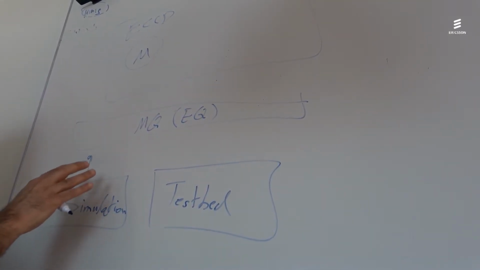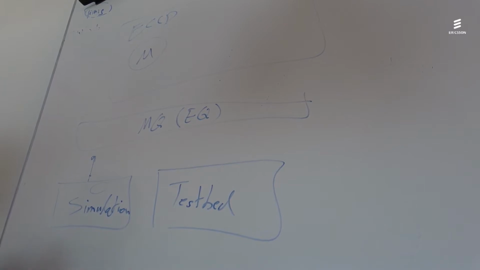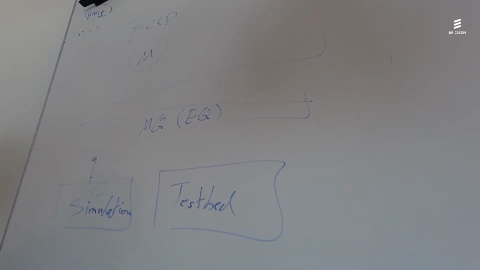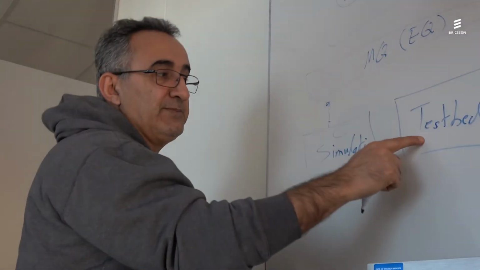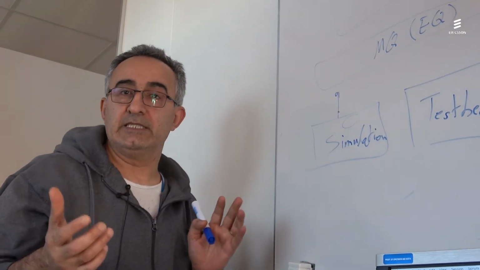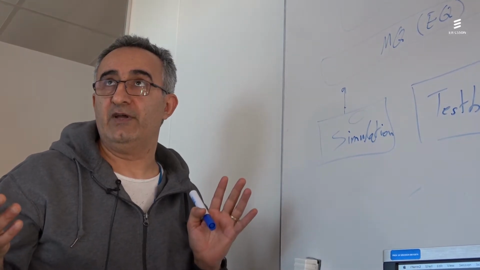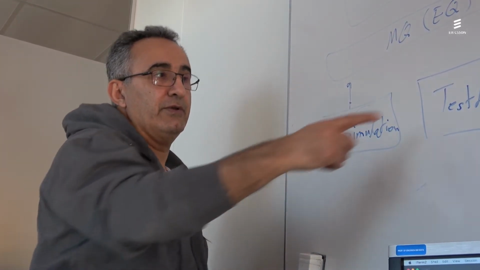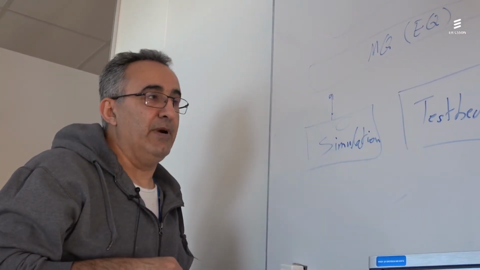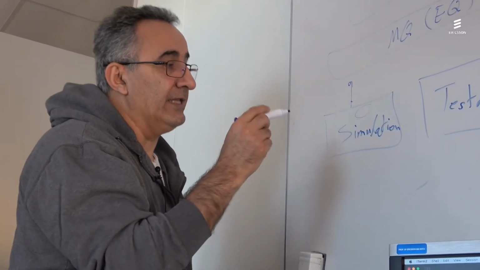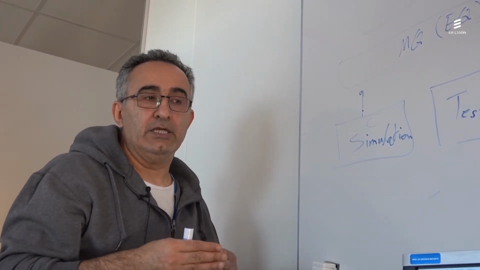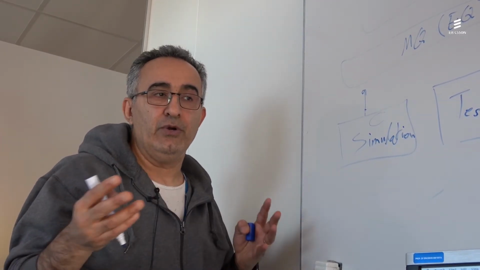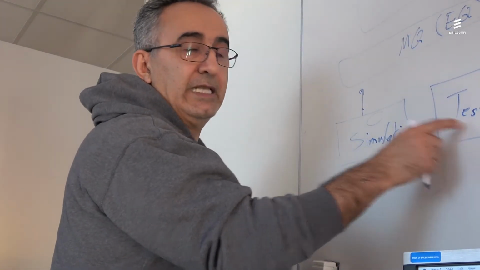In the simulation you can have thousands of UEs and thousands of base stations, while in the testbed we have a 3-cell system with 5 or 6 UEs. In simulation you can also try different scenarios that are probably difficult to do in the lab.